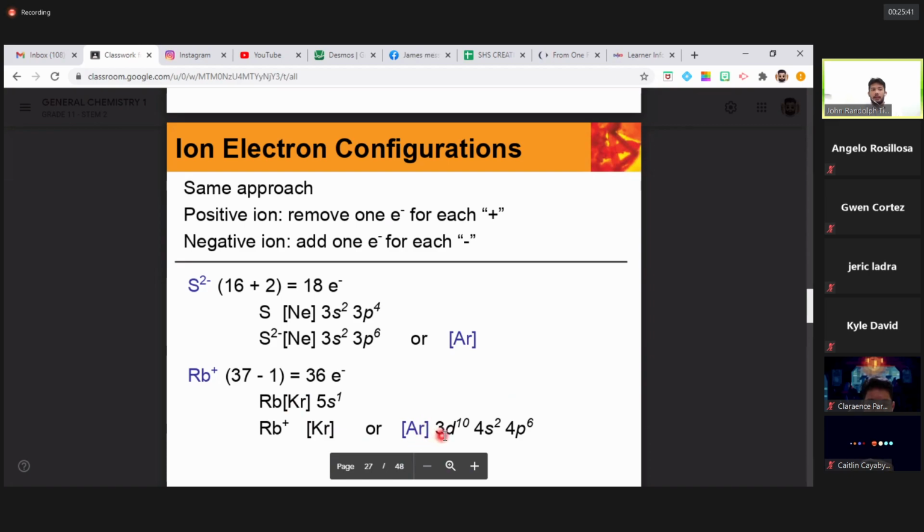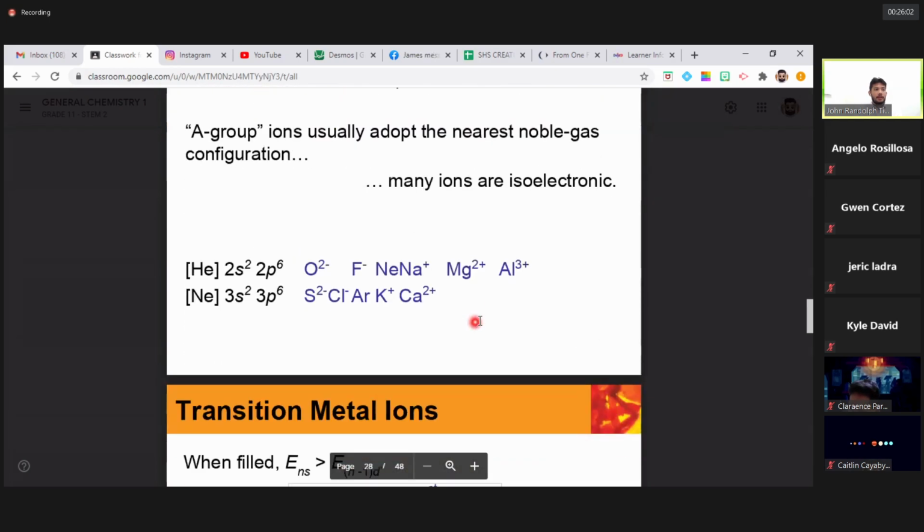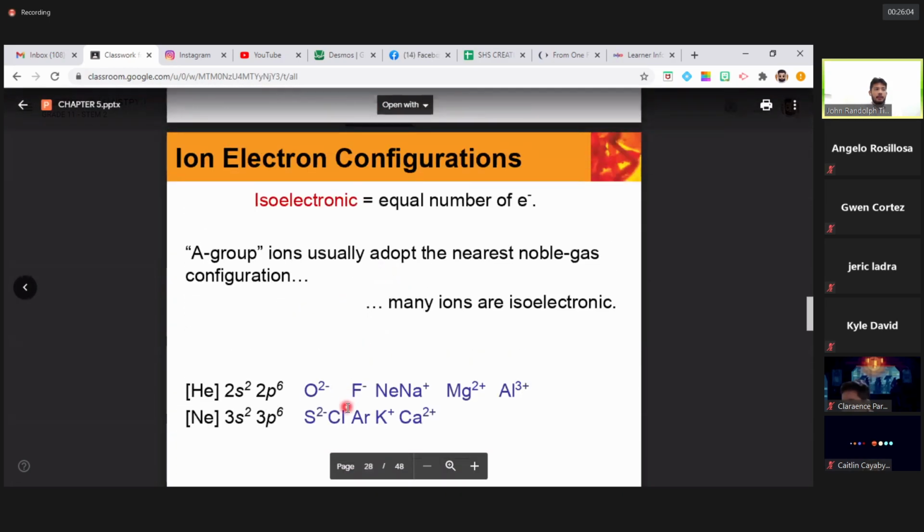So argon 18 plus 3d10, 28 plus 4s2, 30 plus 4p6, 36. So that is why your rubidium plus can be written in this way also. 3d10, 4s2, 4p6. So isoelectronic yan, the same lang din yan.